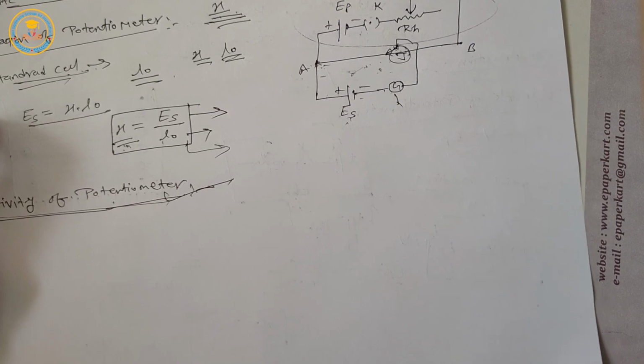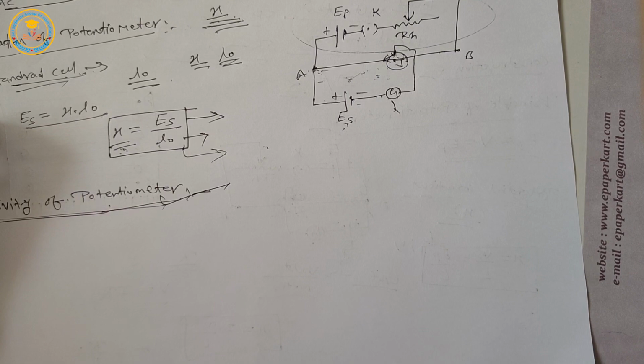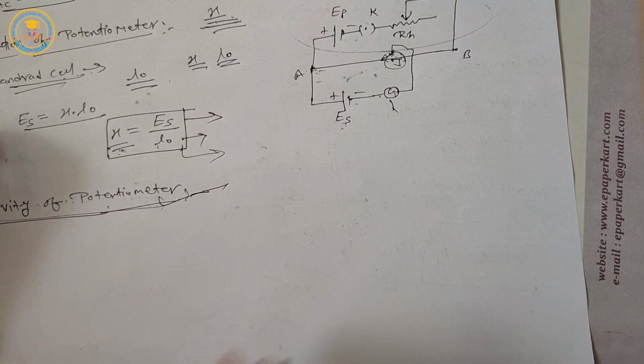This sensitivity of the potentiometer is inversely proportional to the potential gradient. It means if you want to increase the sensitivity of the potentiometer, then we will decrease the potential gradient.